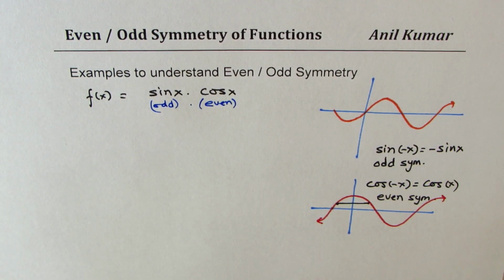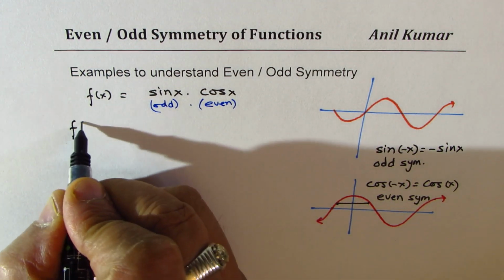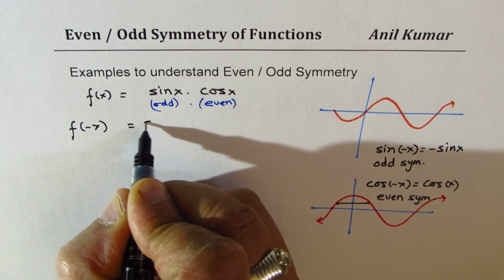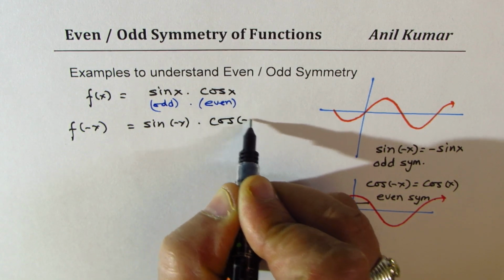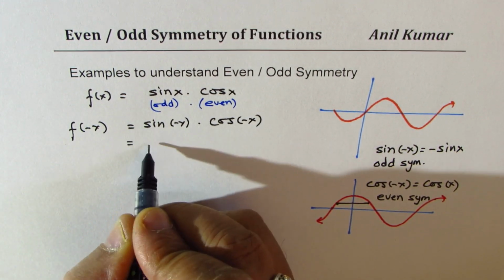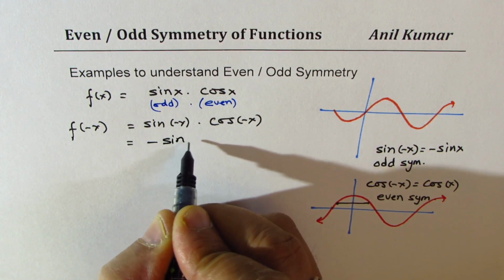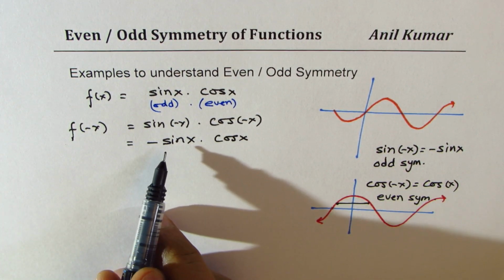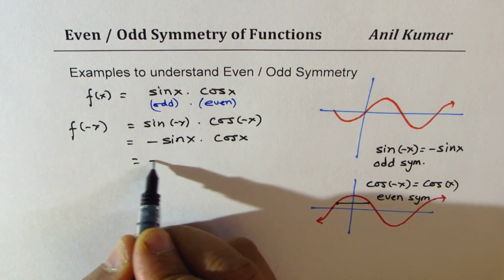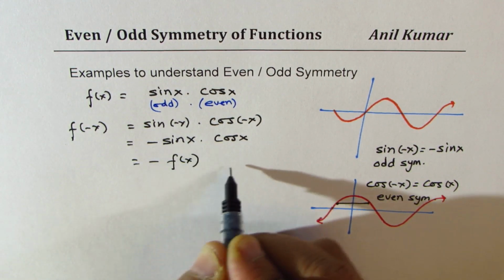Let's check. So to check, we'll find f of minus x, which will be sine of minus x times cos of minus x. And sine of minus x is minus sine x. Cos of minus x is cos x, which just gives us negative of this, which is the same as negative of f of x.